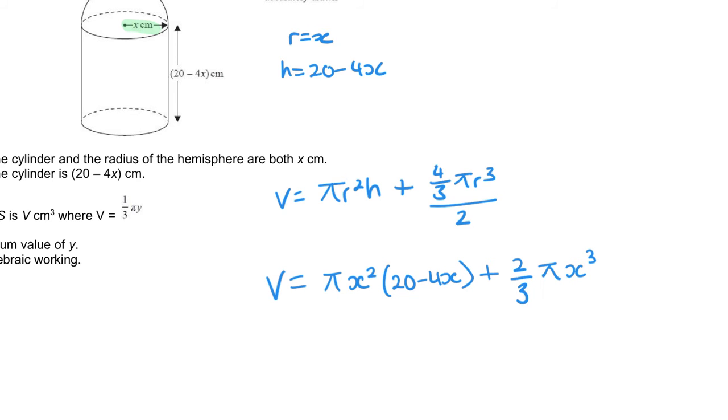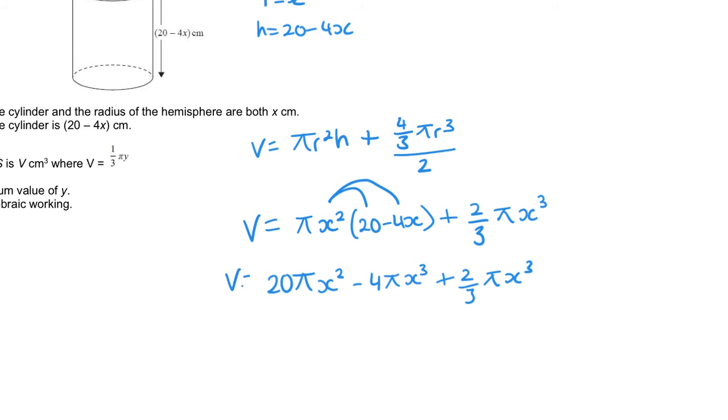Now, they've given us the volume as a third pi y, so I'm going to take out a third pi. I'm going to expand this side first. Pi x squared times 20 is 20 pi x squared. Pi x squared times minus 4x is minus 4 pi x cubed. And then we have plus 2 over 3 pi x cubed.